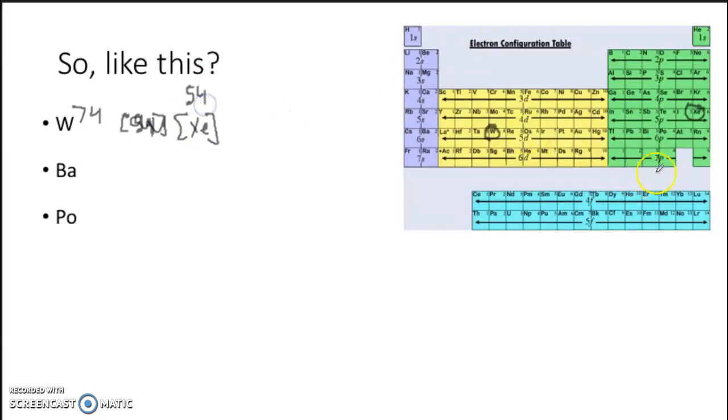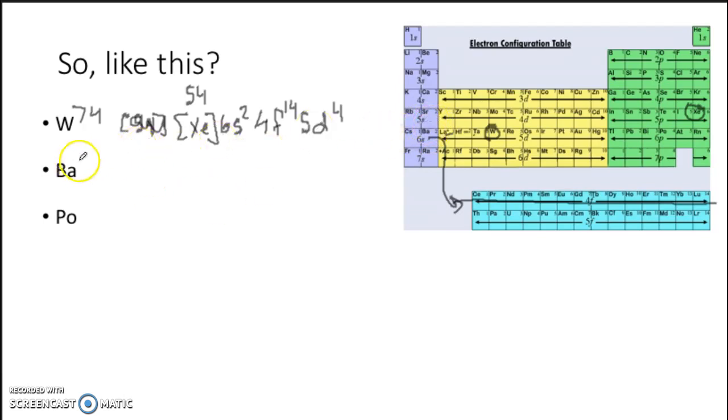Okay, 54 electrons there. And after xenon, well, that's 54. 55 is right here. That's S block. That's the 6th one down. So 6s2, that would be 56. And then here, that tells me to jump down. That's 4f14. So that's 56 plus 14. I'm at 70. I zoom all the way across, back up to here. 1, 2, 3, 4. And that is 5d4. And that's tungsten.